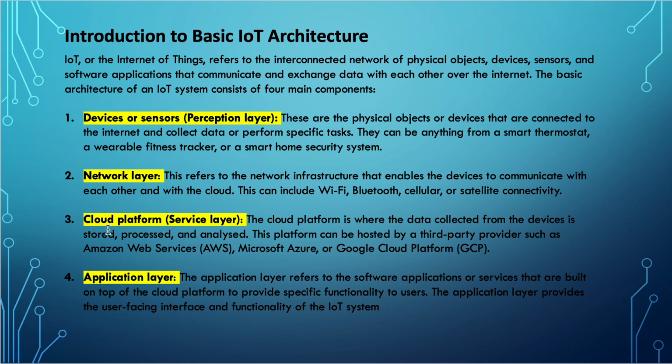The service layer or cloud platform, where the data is stored, processed, and analyzed. Then the application layer, where the users of IoT interact with the IoT device or the IoT system. These are the four things that should be there when creating a solution for using IoT for a problem.